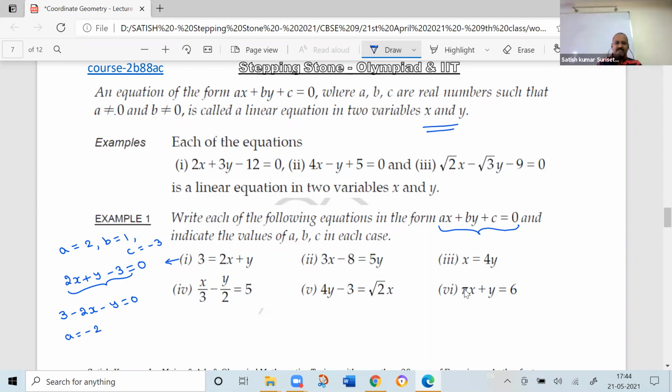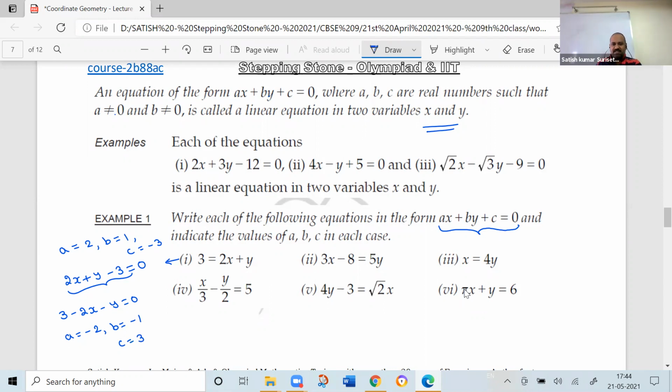What about b? Minus 1. And c? 3. Now whether you write this answer or that answer, both are the same only. If you observe, the signs are opposite. Here minus 2, minus 1, 3. Here 2, 1 and minus 3. Because of the equation, you can multiply with minus 1 on both sides, then you will get one from the other.